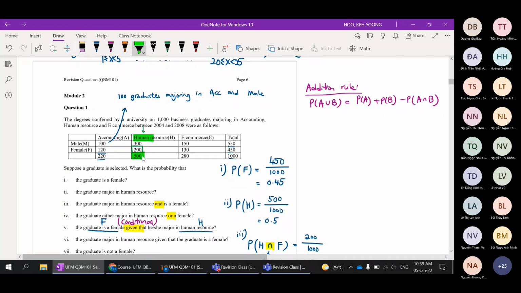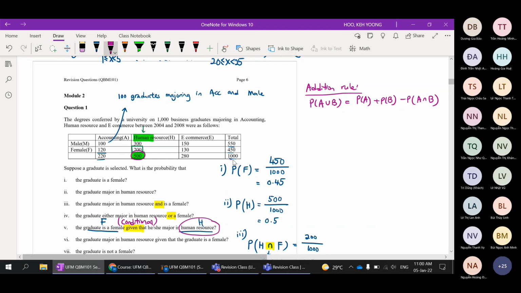How many of them do we have? We have 500. When you have conditional probability, meaning this HR has already happened, we know that the graduate is a human resource major. So we will only focus on these 500 graduates.